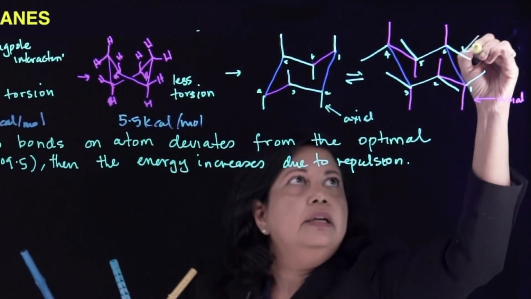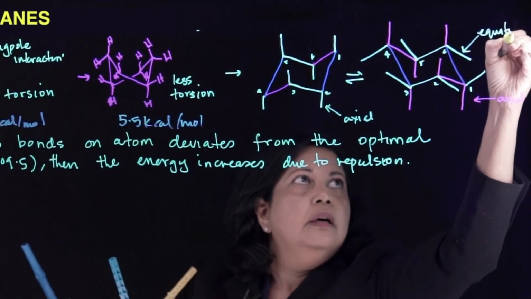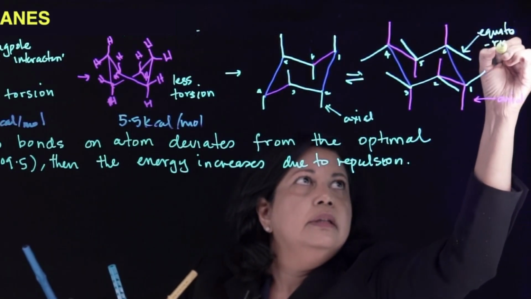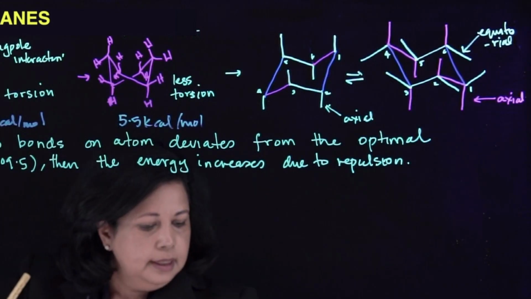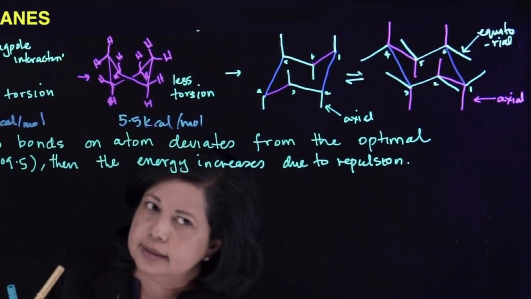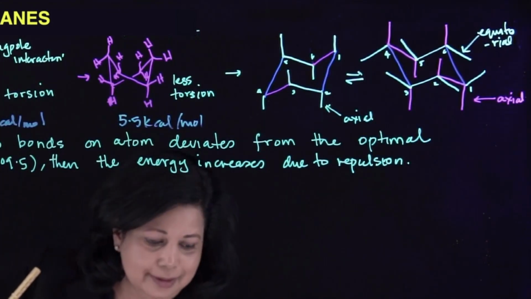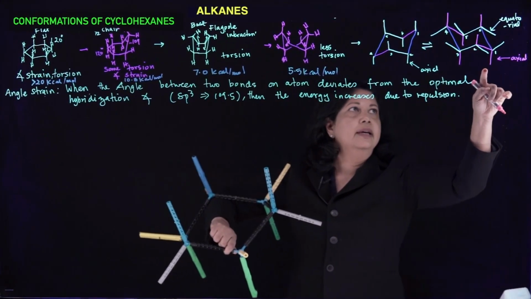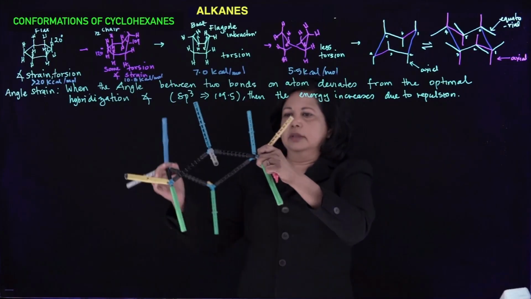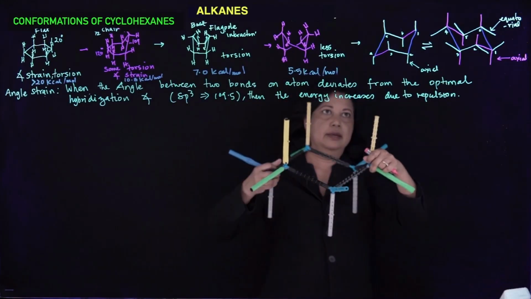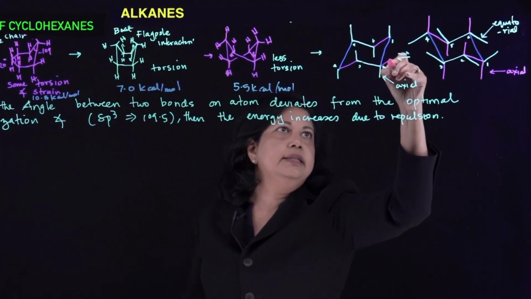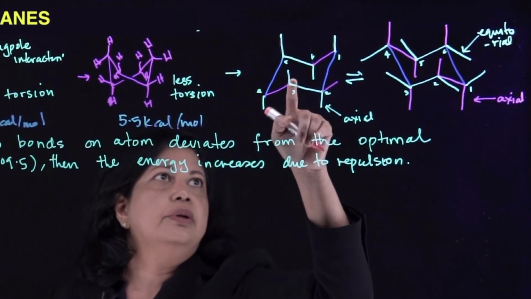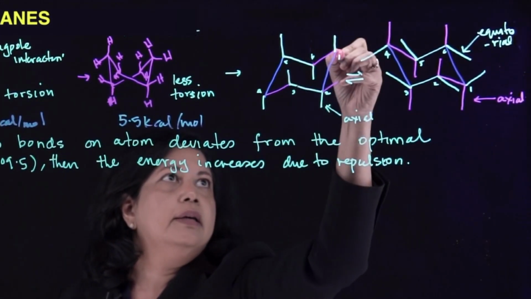Over here, your equatorial bonds became axial, and now that means your axial becomes equatorial, all right? So over here, your axial bond is going down. When you move it up, it's going to go up, all right? You draw parallel lines to draw a line here parallel to that.